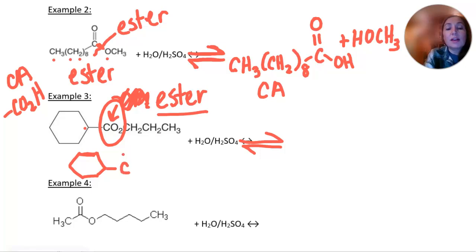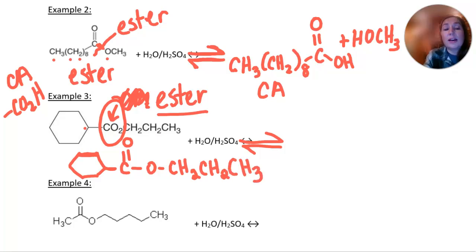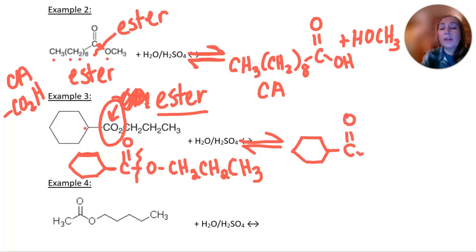Let's rewrite CO2 as C double bonded to an O. First we've got the cyclohexane bonded to a C, double bonded to an O, bonded to an O, and then we can copy the rest, CH2, CH2, CH3. We're just recopying that ester. Again, we want to break that ester linkage, that C to O bond. We end up with the cyclohexane with a C double bond O and then an OH. There's our carboxylic acid.